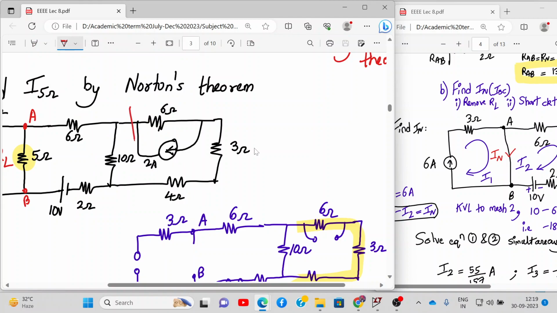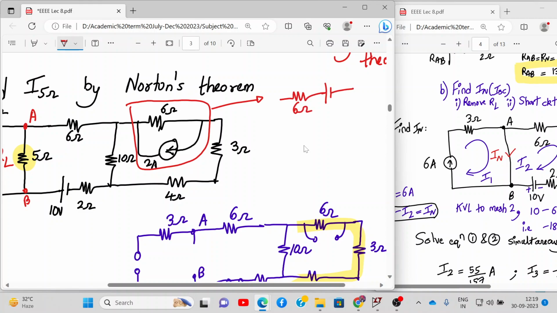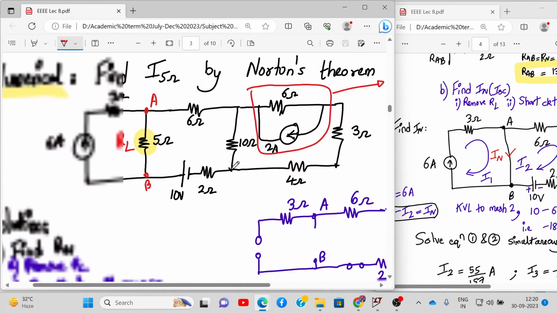Can I convert this single resistance in parallel with a current source as follows? It will be 6 ohms and, with source transformation, 12 volt. Why 12 volt? Because 6 into 2 amperes. So I replaced this resistance in parallel with a current source with a resistance in series with a voltage source.